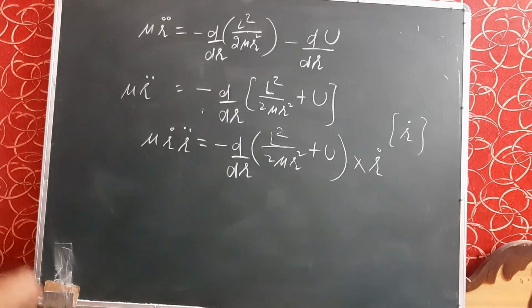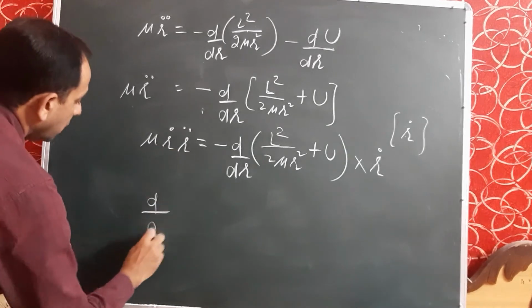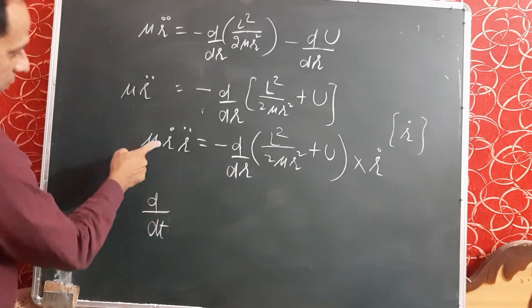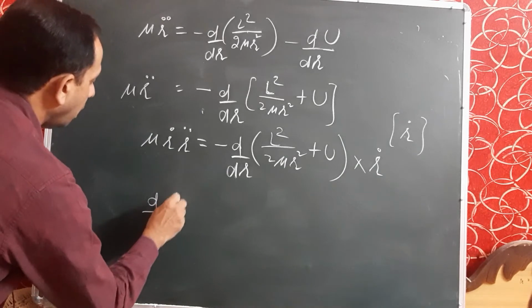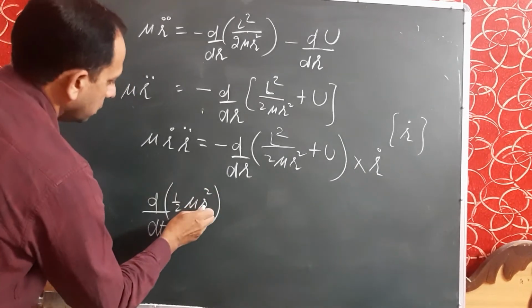Now the left side becomes the derivative with respect to t of half mu r dot square.